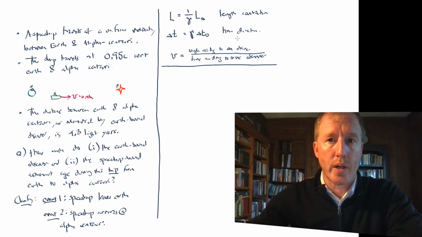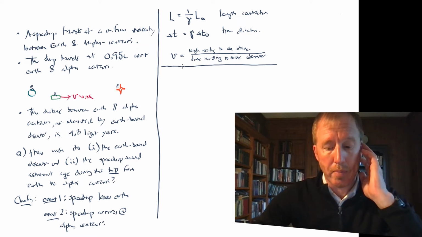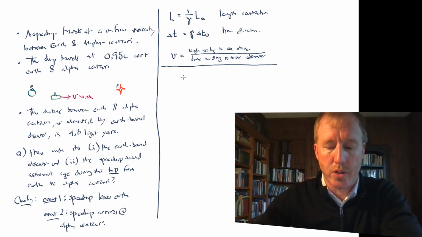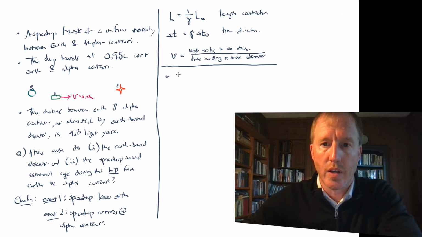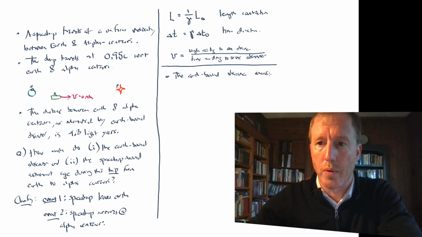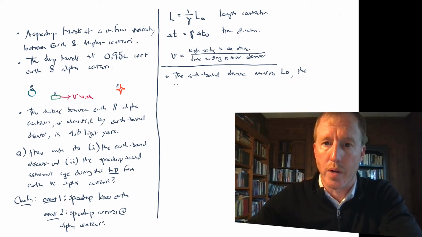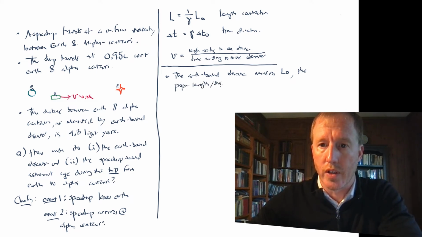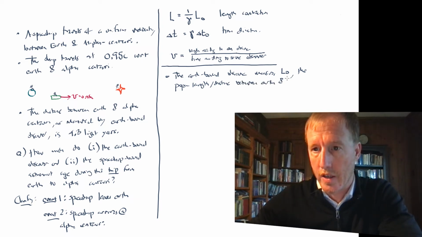Now, let me point out another thing. Notice that the earthbound observer is the one who measures the proper length, or the distance between Earth and Alpha Centauri. So the earthbound observer measures what we would call L naught. That is the proper length, or distance, between Earth and Alpha Centauri.